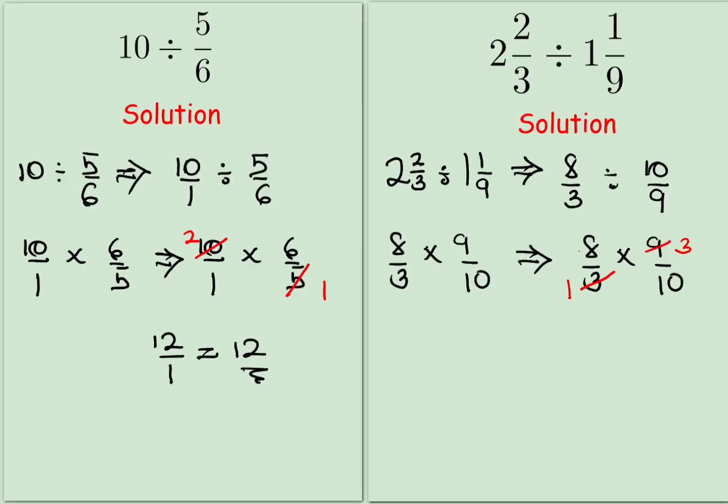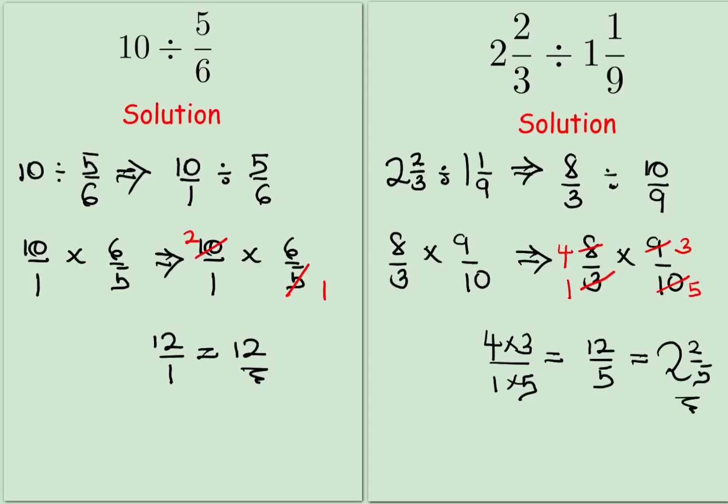The same way, 2 divides 8 four times and it divides 10 five times. Hence, our answer is going to be 4 times 3 all over 1 times 5, which gives us 12 over 5. 12 over 5 can then be written as 2 whole number 2 over 5 as your final answer.